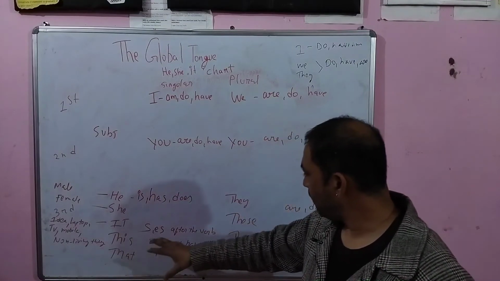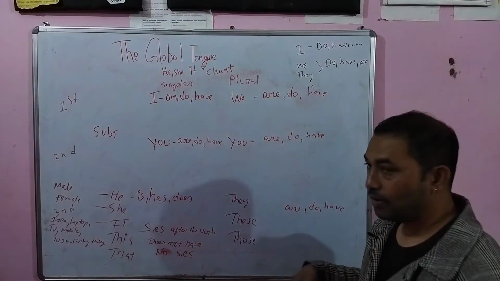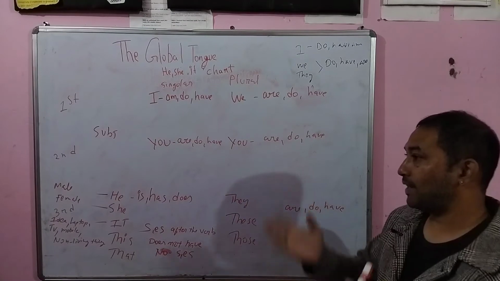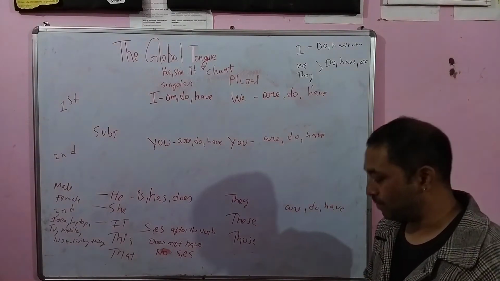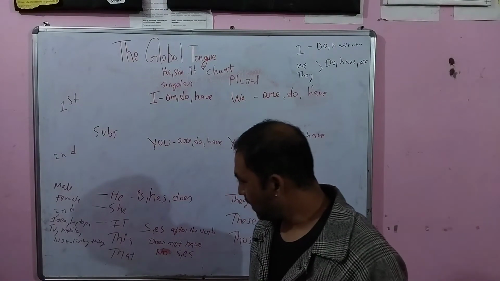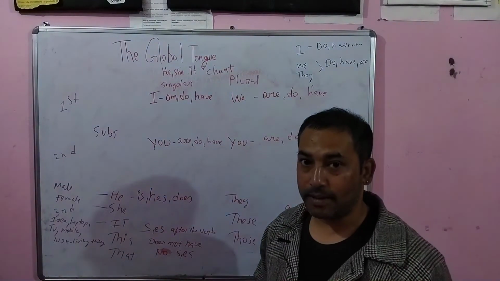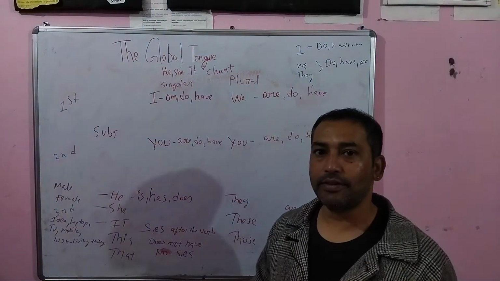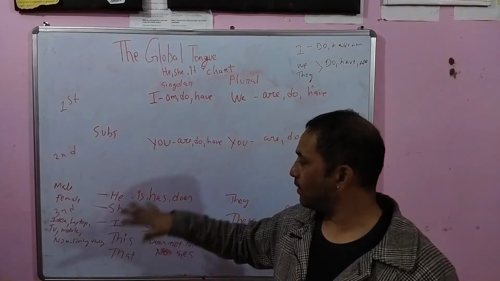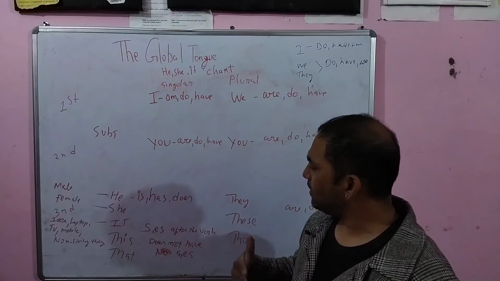So we can say those hotels, or these hotels, do not have rooms available. So make sure, guys, you are able to identify your subject. Once you have identified your subject, it becomes very easy for you to use is, do and does.